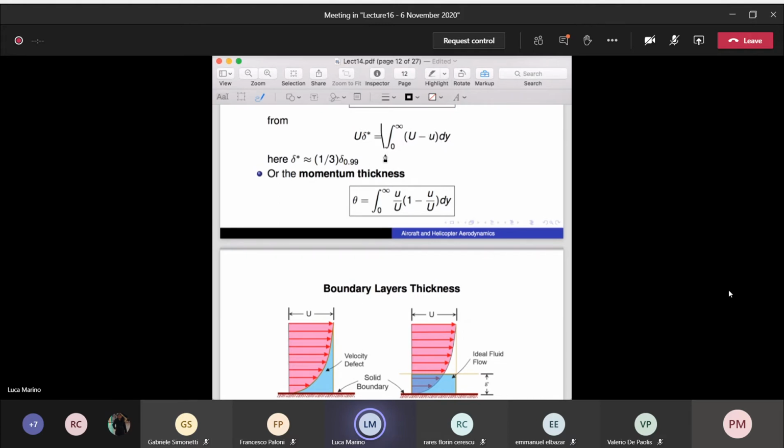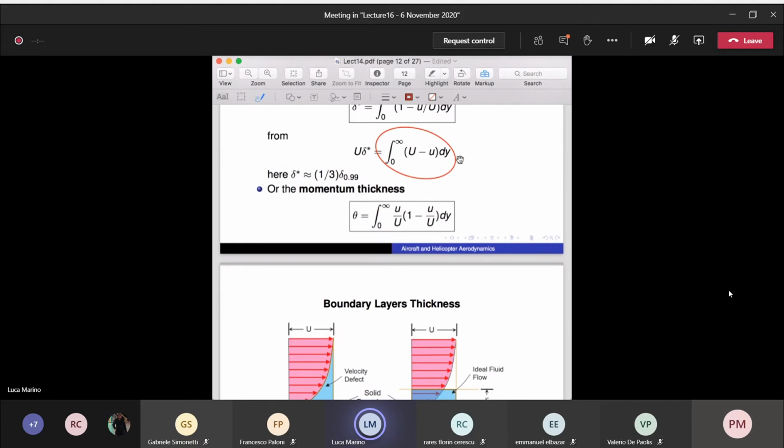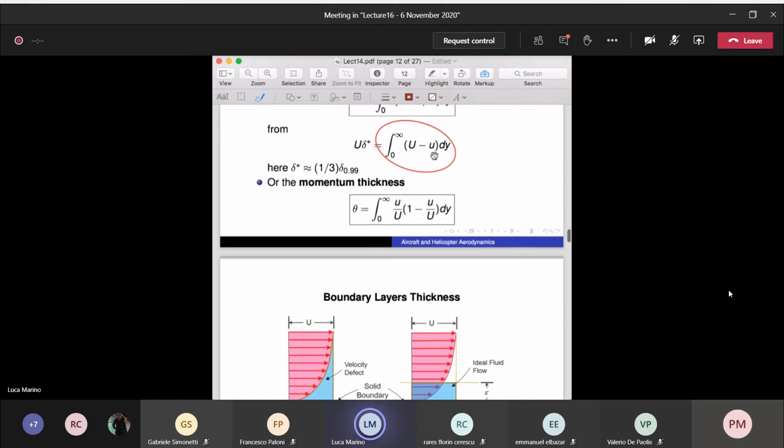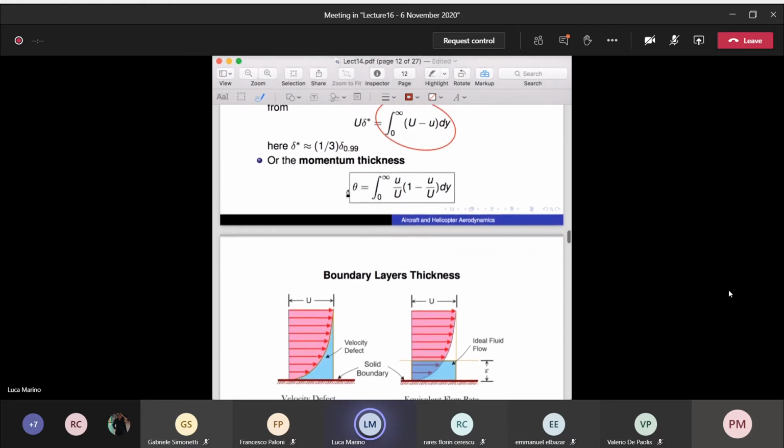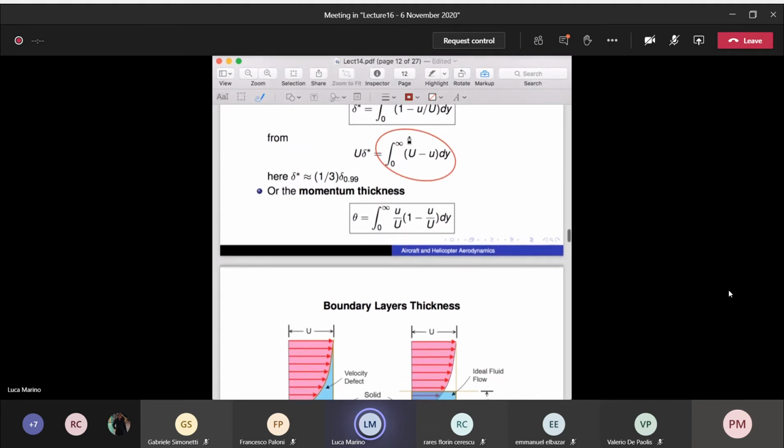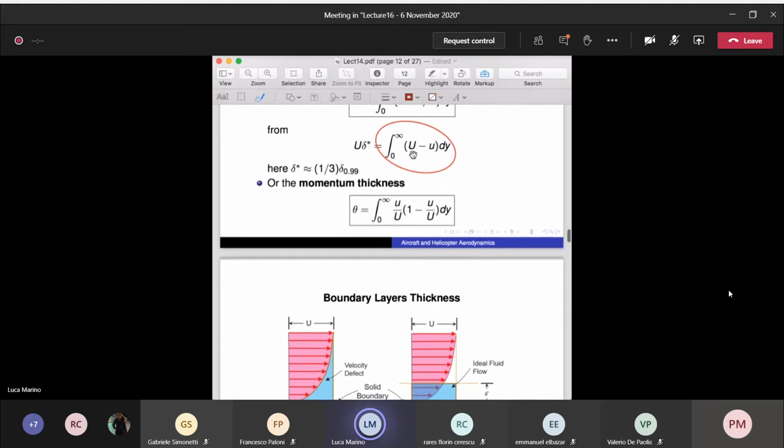So this term, which is reported here, is a measure of the difference in mass flow rate through a given section, okay? What we have without boundary layer minus what we have with the boundary layer, okay? So it is a measure of what we are going to lose with the presence of the boundary layer. So we name this delta star exactly the distance by which we have to move the streamlines to take into account this difference, this defect of mass flow rate.